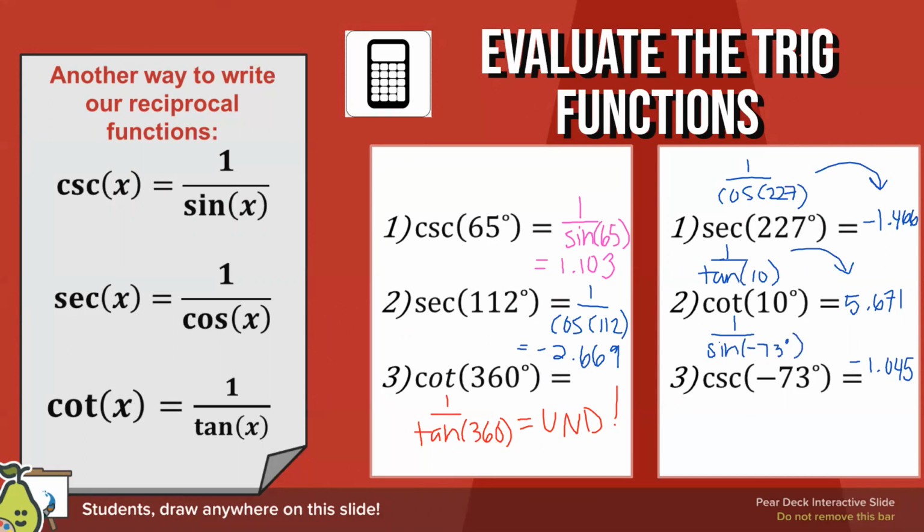And this one's actually a little tricky because remember, negative 73 degrees means that we're going in this direction, starting here, and we're going negative 73 degrees.